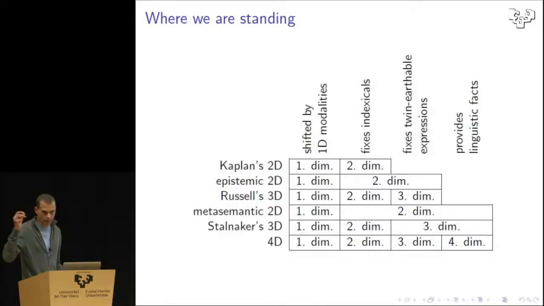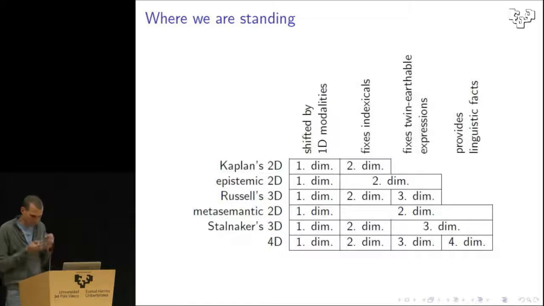Whether we can really single out the kind of context dependence that you have in twin-earthable expressions that is different from the very wide kind of context dependence that every sentence is in some sense dependent on, the facts about conventions or meaning in a wide sense that you might have at the world. And it is basically that you can make this distinction in a fruitful way which is criticized, I think, by Stalnaker and people like this.